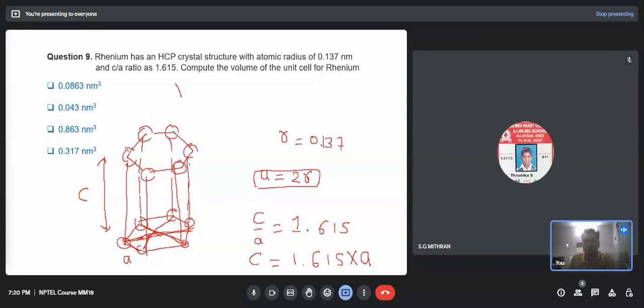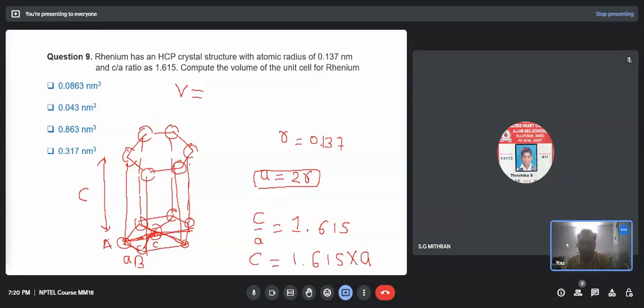So volume will be, here we'll consider first this as A point, this as B point, and this origin, this center as C point.